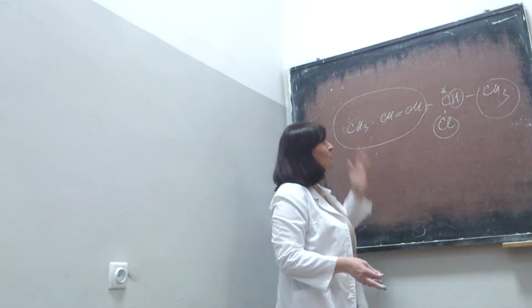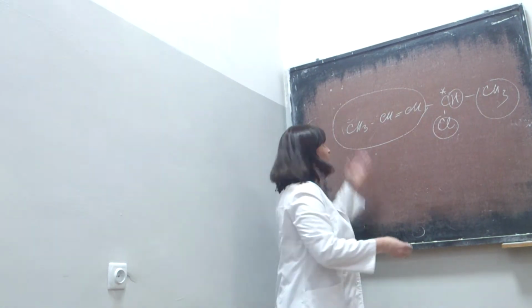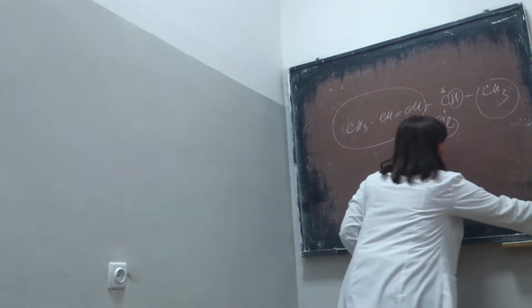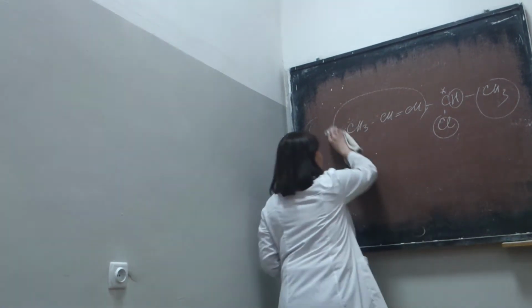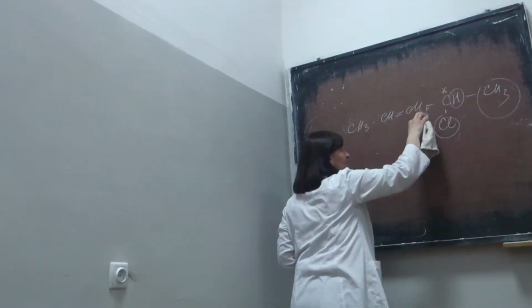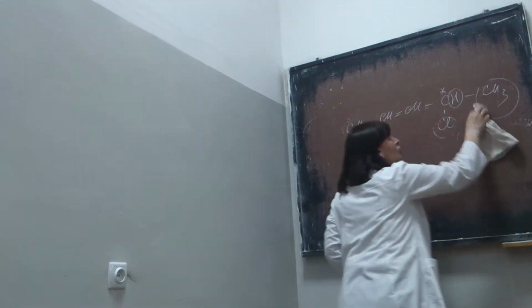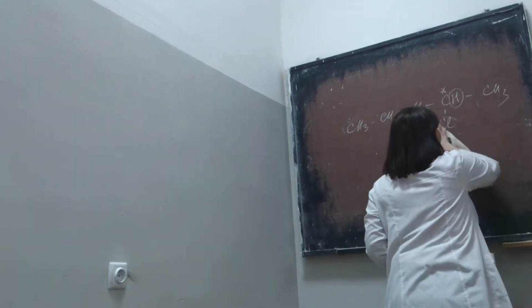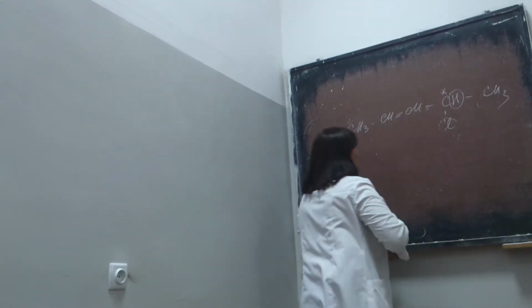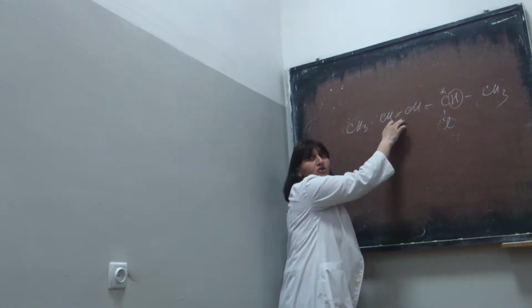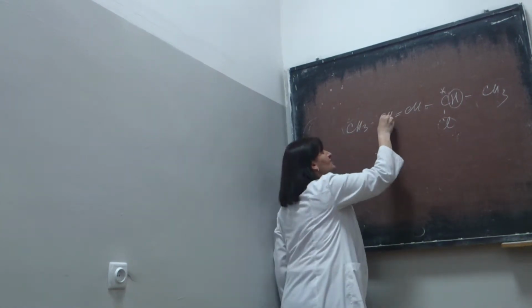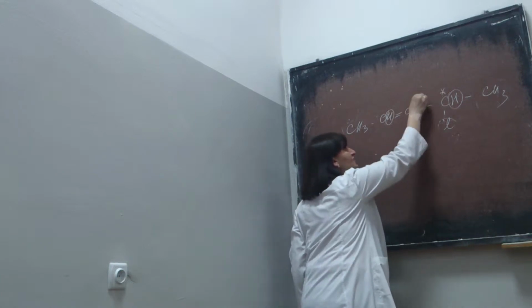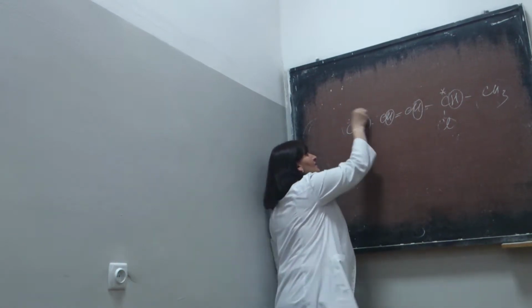Now what about geometric isomers? Look, CH3 and H. Now let's consider the cycle and double bond substituents. Yes, you can. Why? Because these are your 2 carbons in the double bond, and they have H and H. Here you have the same groups, cis.